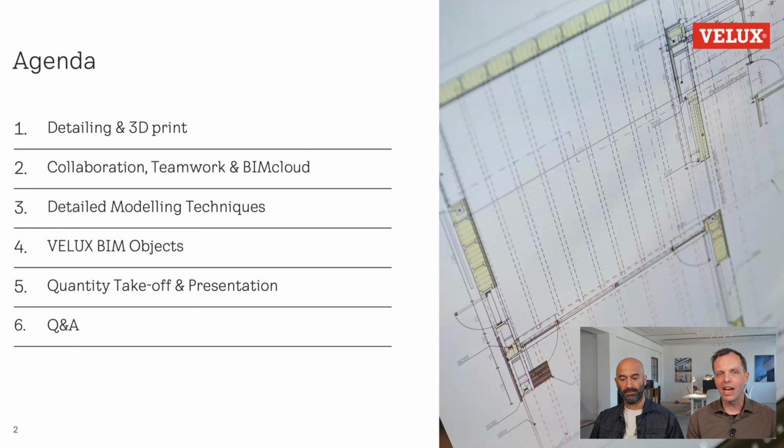A little bit about how you model in detail to get the biggest benefits from the 3D geometry and the data. And part of that is the BIM objects in the model, and we're going to go through how VELUX BIM objects work and some of the benefits from those. A little bit about quantity takeoff and how to present your BIM project in a clever way.